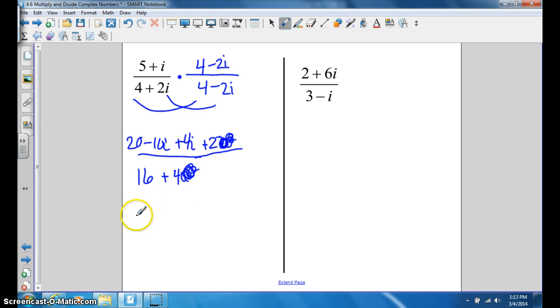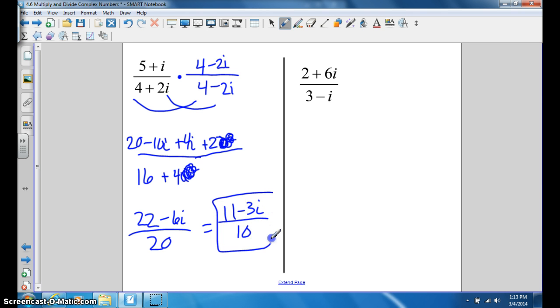So we will end up with 22 minus 6i all over 20. And we can take out a GCF there of each of those terms, which is 2. So divide each one by 2, and we get 11 minus 3i all over 10. And that's our final answer.